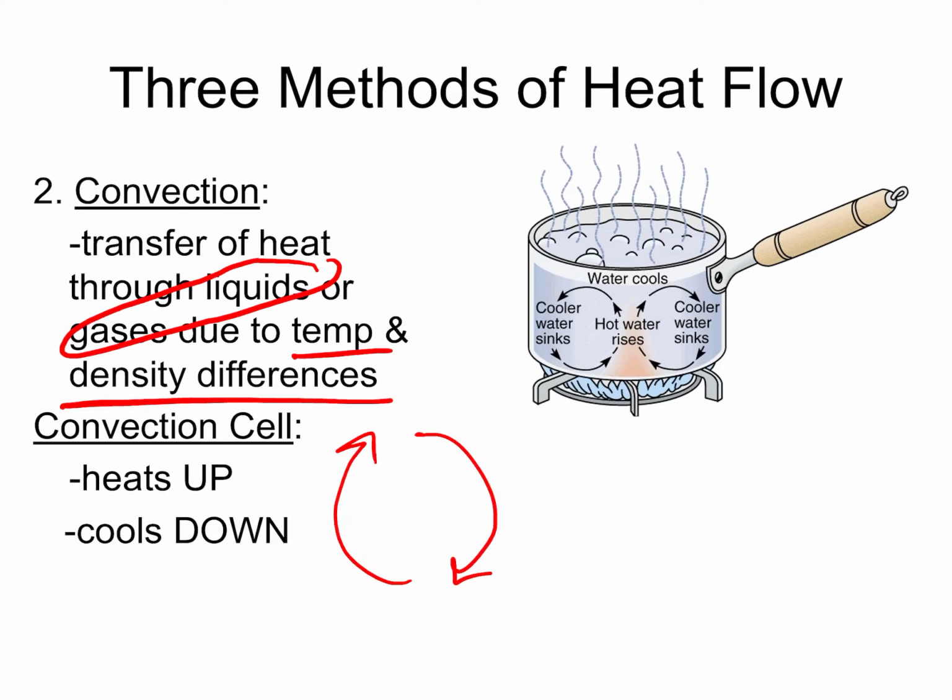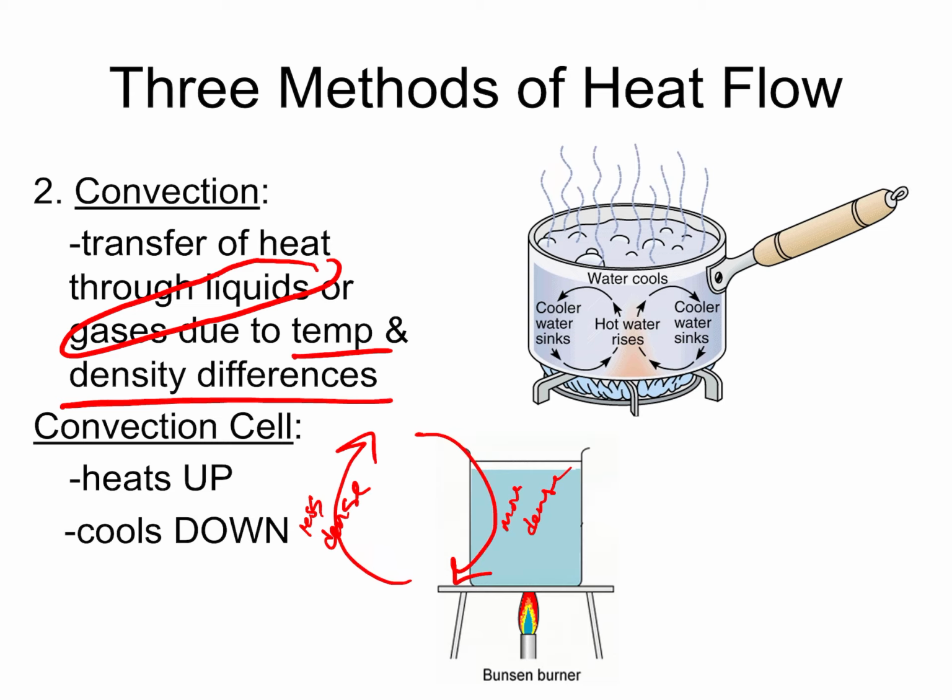But make sure that you know it's liquids or gases, and the reason why they heat up is because the molecules spread apart and they become less dense, right? And that's why they rise.